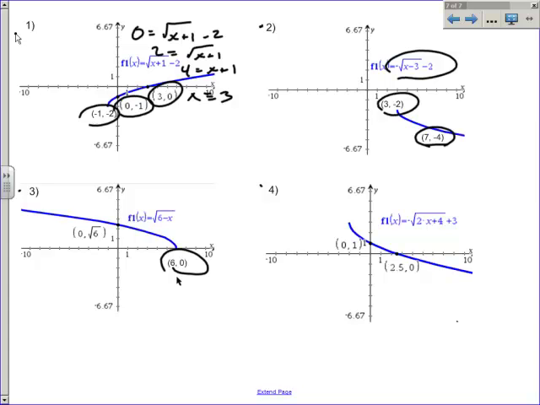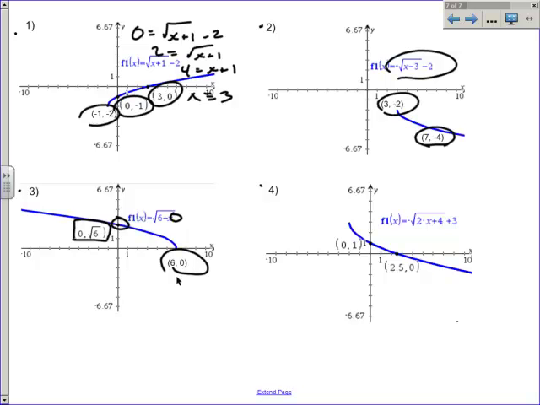Therefore, we can be pretty sure that it is going to have a y-intercept. I find that by setting x equal to 0. Square root of 6 minus 0 is equal to the square root of 6. We know that the square root of 6 is somewhere in between 2 and 3, and so I've graphed my origin at 6, 0, and my y-intercept at 0, root 6.